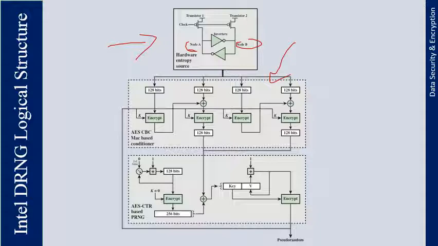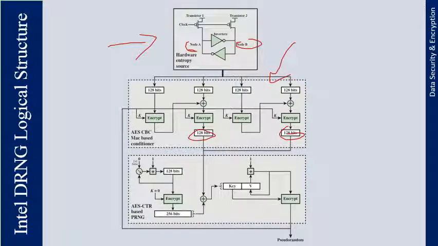The output of the second encryption is retained for both CBC modules, and an all-zero key is used initially. Subsequently, the output of the pseudo-random number generator stage is fed back to become the key of the conditioning stage. The output of the conditioning stage consists of 256 bits, 128 bits from each.